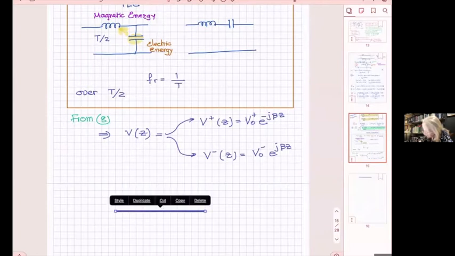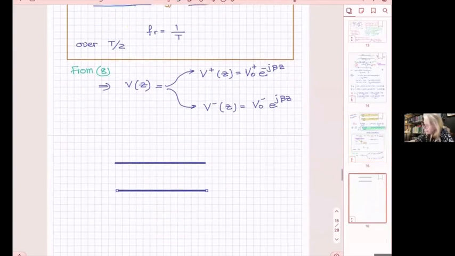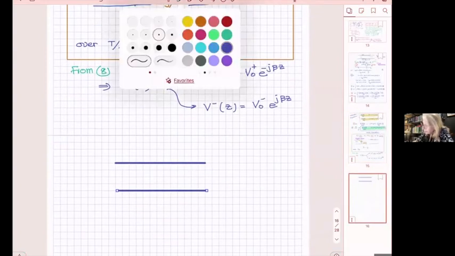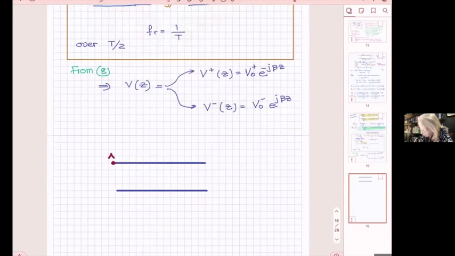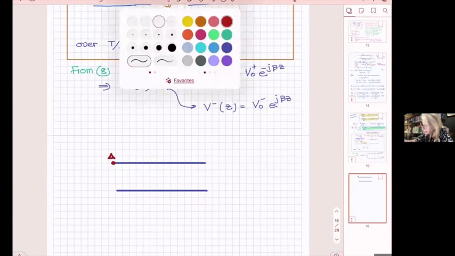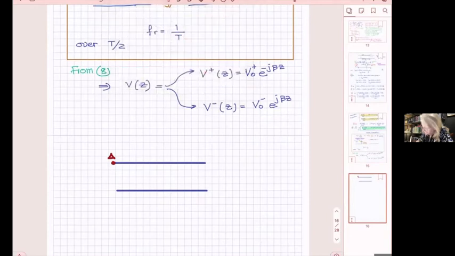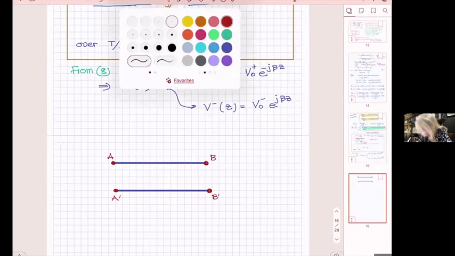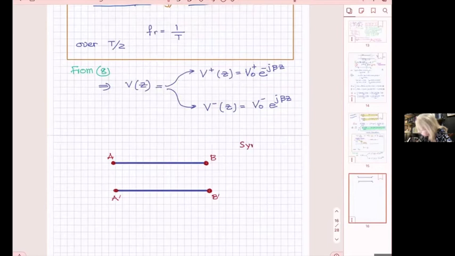So this is one line here, and the line has one input port A, A prime, and an output port B prime. And this is the symbolic representation. So I put it here so you remember it, symbolic.